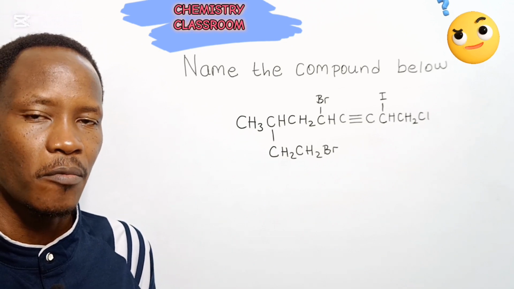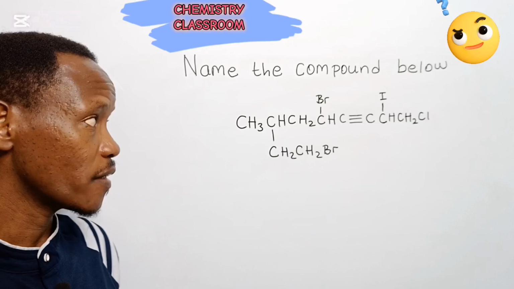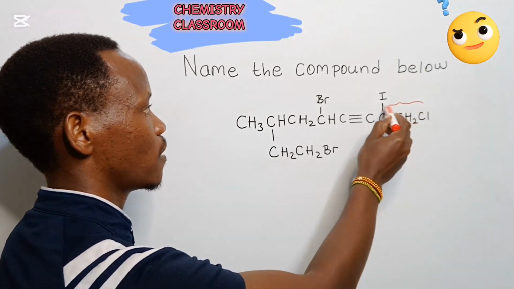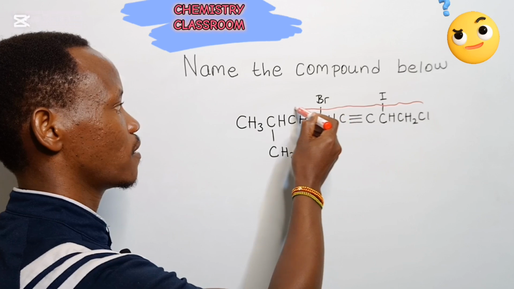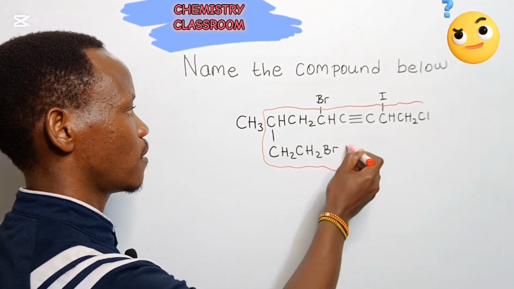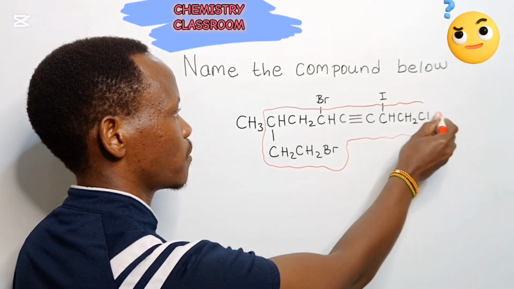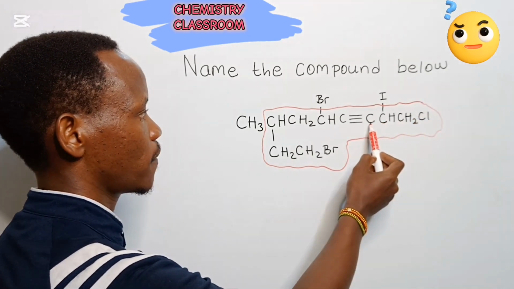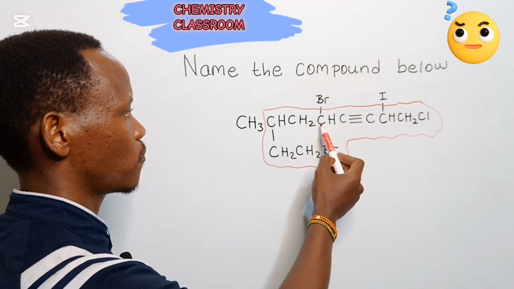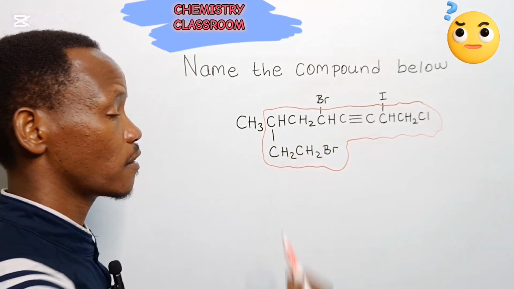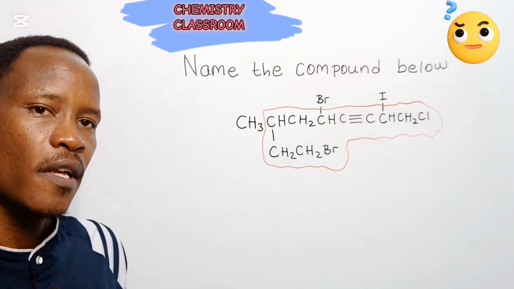parent chain. Without wasting time, this carbon chain that I have encircled in red ink is our parent chain, and by the way, this parent chain has a total of 1, 2, 3, 4, 5, 6, 7, 8, 9 carbon atoms.